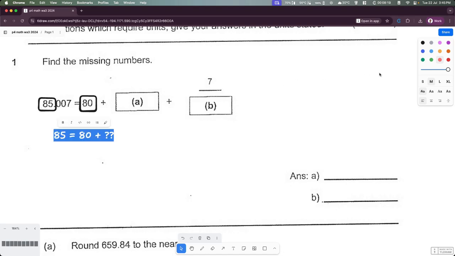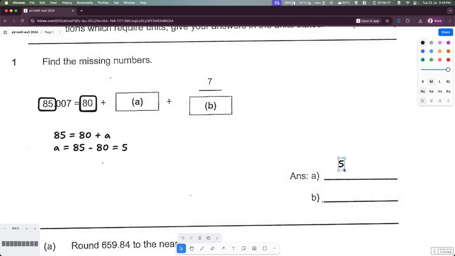If you want to work backwards, it's pretty straightforward. A is equal to 85 minus 80, which is equal to 5. Therefore, the answer to A is 5.